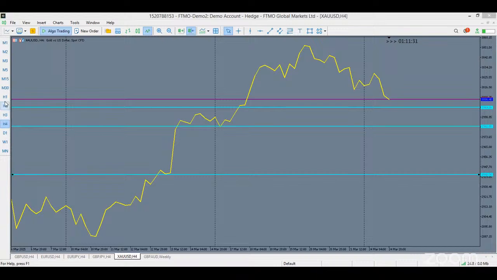If you're using a system that has a high frequency of wins, then you could use something like that. You can have a stop loss of 100 pips and then a take profit of maybe 30 pips or 50 pips, or maybe even a 200 pips stop loss and a 50 pips take profit.